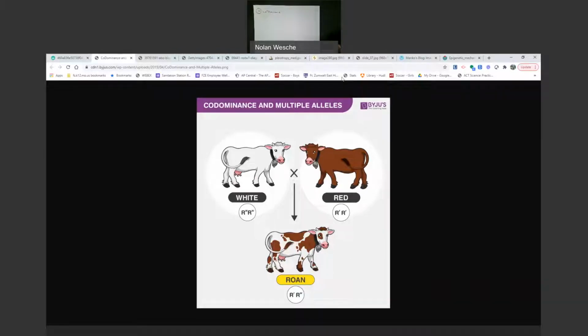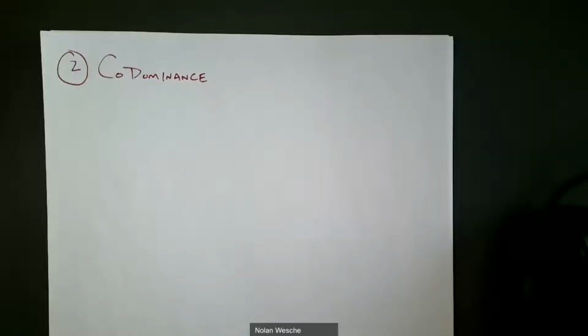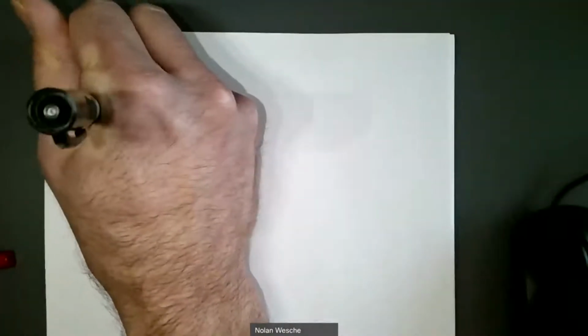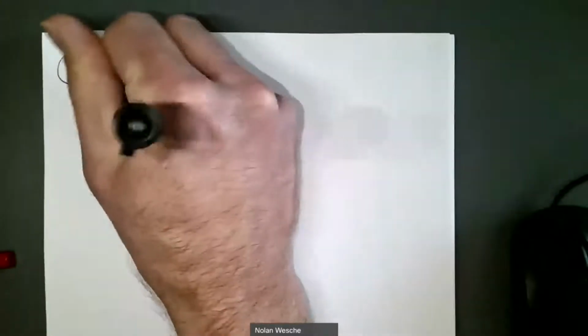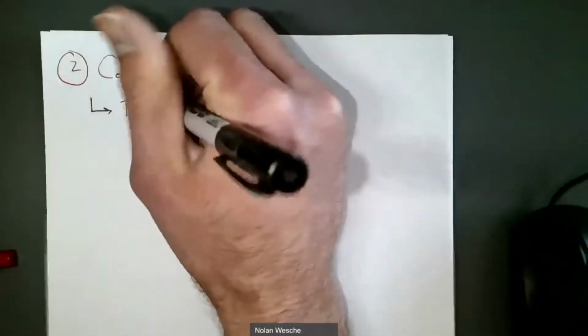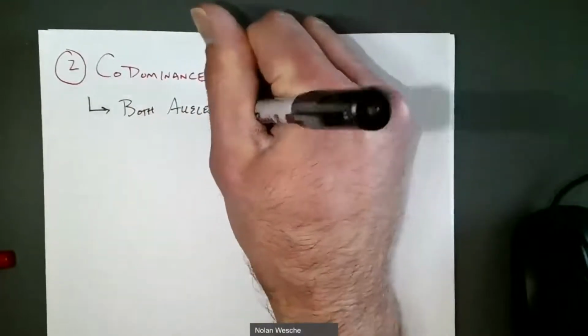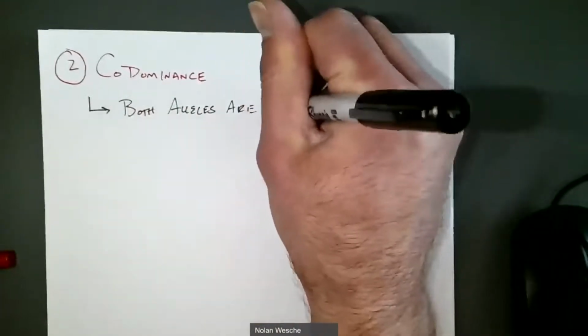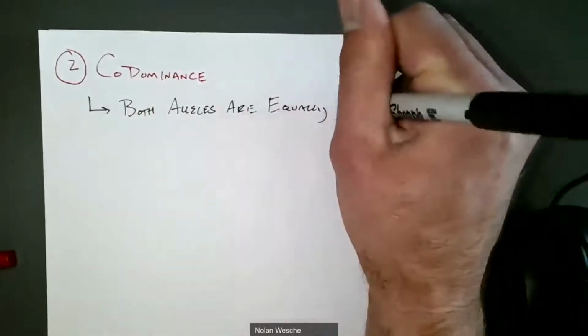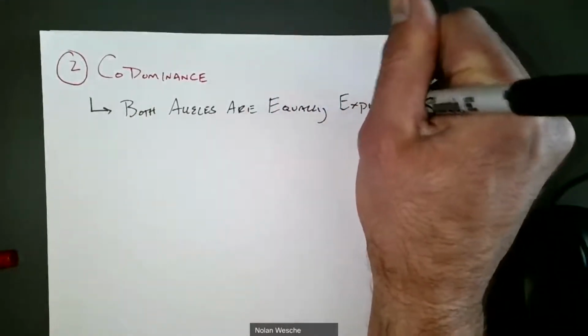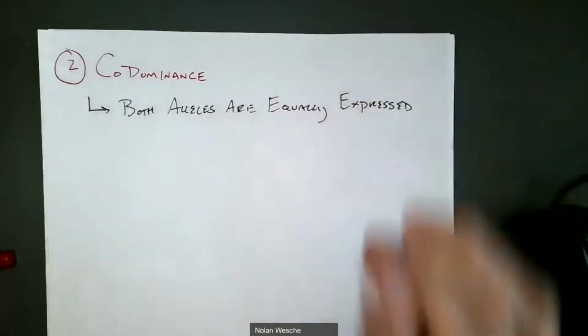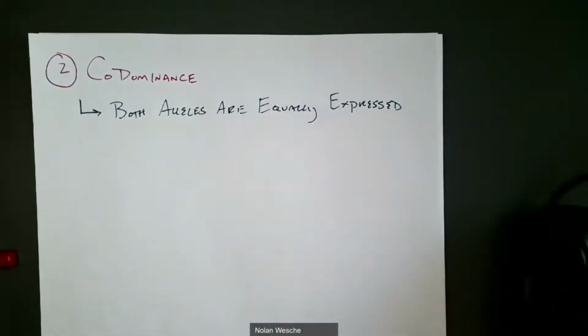So let's go ahead and show how we would work this. We'll go back to the notes here, and we'll just make, again, a quick mark where we'll say codominance is different because both alleles are equally expressed. So we'll go ahead and work this example.